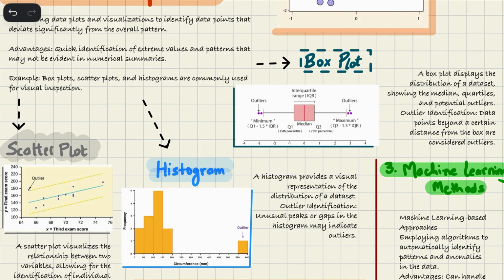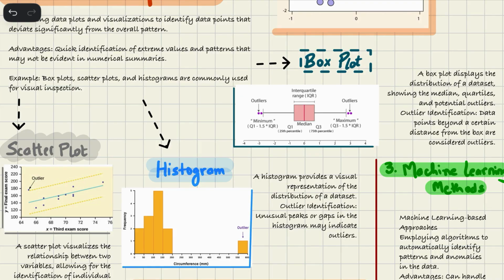Think of a box plot as a fenced yard. The fence represents the normal boundaries of the data, and any data point sitting further than 1.5 times the IQR past these outer edges is an outlier dot.